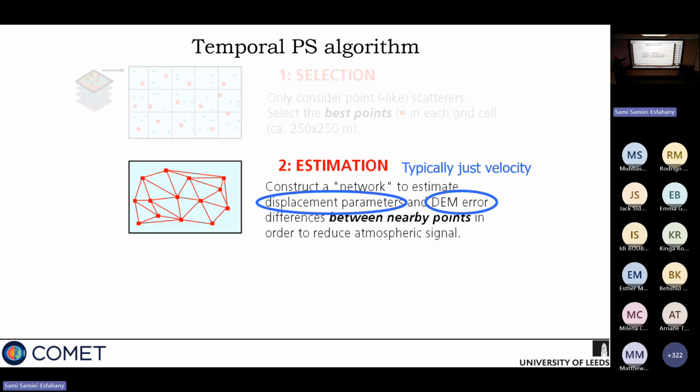So that's the initial selection, and then we come to the estimation step that I was talking about just now: estimation of displacement parameters. For this, you need a model, and typically what we're really estimating is the velocity. We assume it's approximately linear, and estimate the velocity for each pixel pair. Another thing to estimate is the DEM error, as I mentioned.